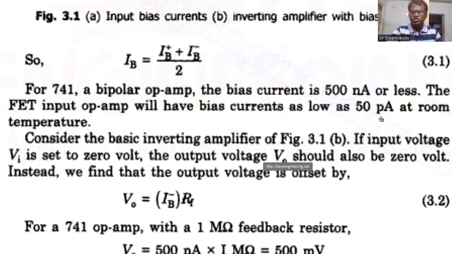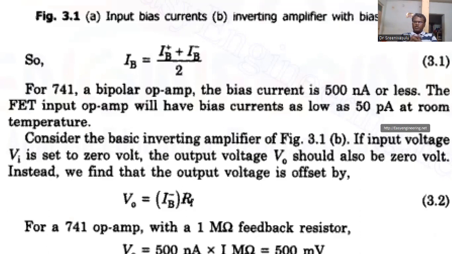Now, how can we overcome this problem? Consider a basic inverting amplifier. All of you know the inverting amplifier. The input voltage VI is set to 0 volts, so the output voltage VO should also be 0 volts. That is our aim.